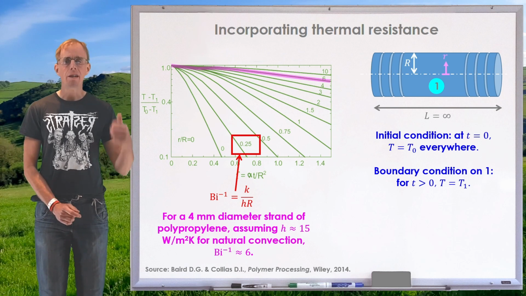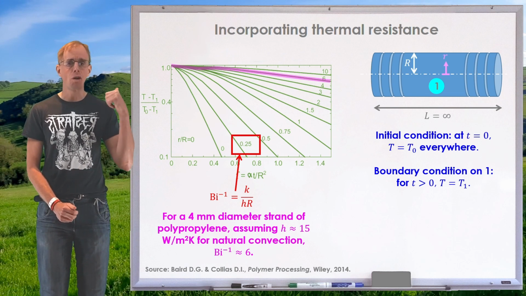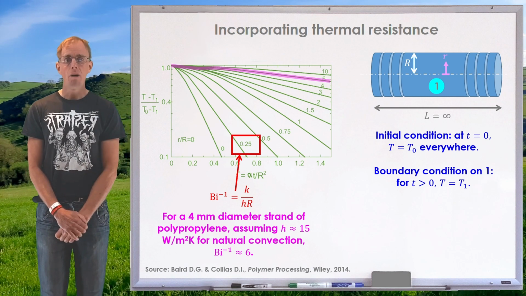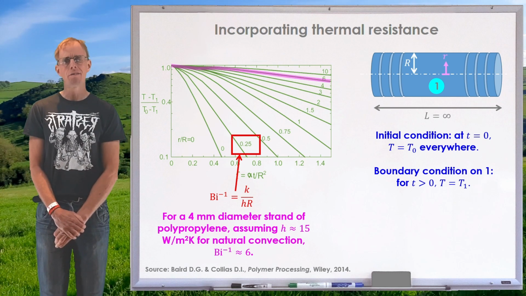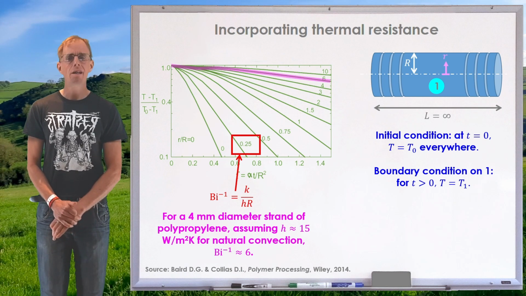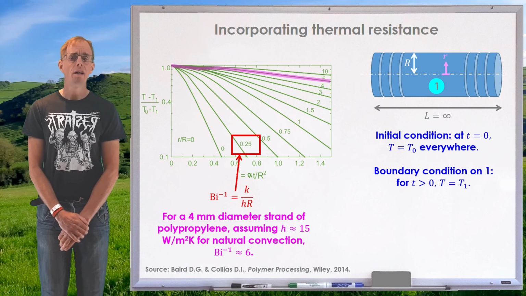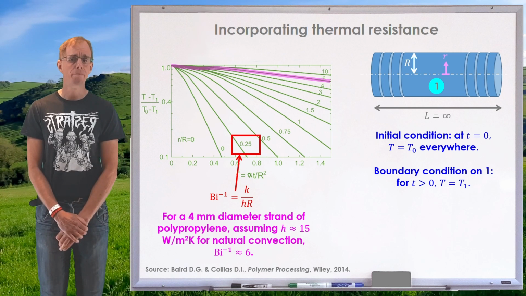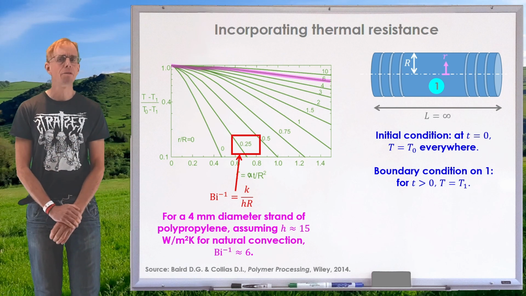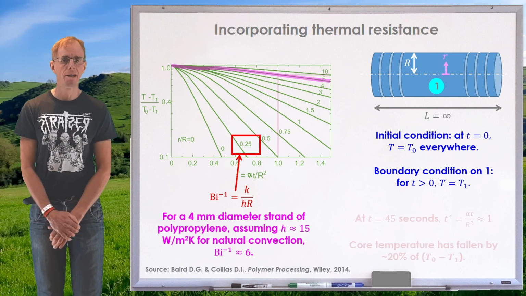Fine. So the inverse Bi number of about 6 corresponds to the line I've highlighted in pink on this chart. And we can see just by looking at that, this tells us that inverse non-dimensional temperature is changing rather slowly as a function of non-dimensional time. Let's say in my melt spinning line, I've got about 45 seconds to cool my strand down.